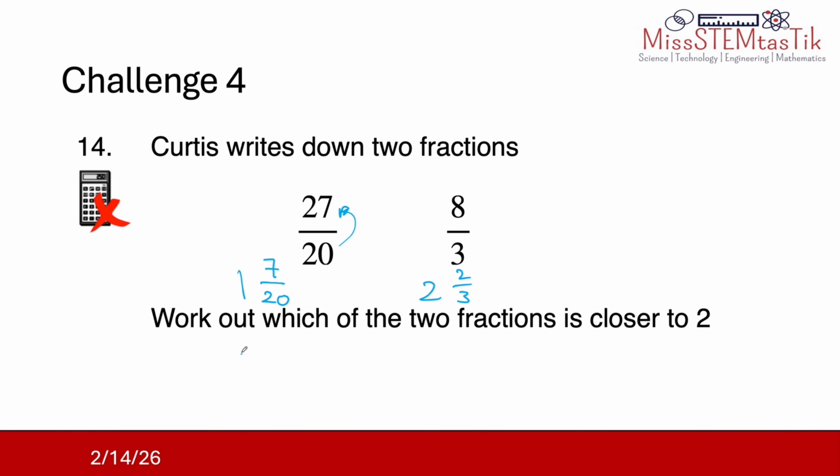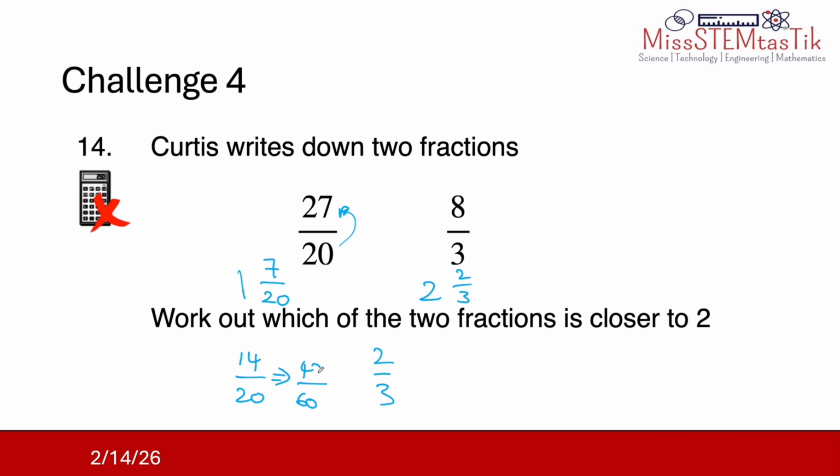Now to go from 1 whole and 7/20 to 2, that means I need to take 7/20 away from 1 whole, which gives me 14/20. And then I can see for the second fraction, I've got 2 thirds extra. So the lowest common multiple between 20 and 3 is 60.